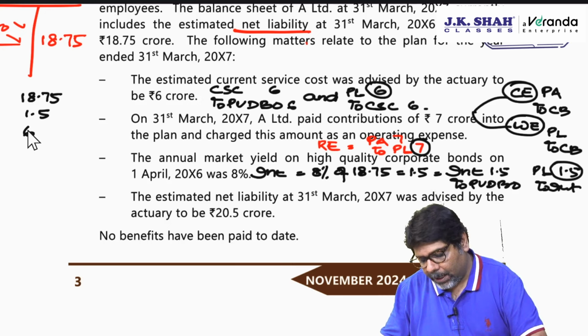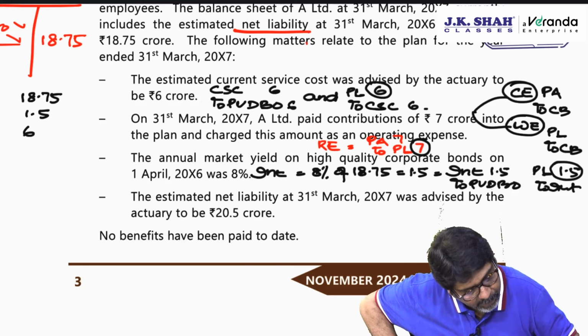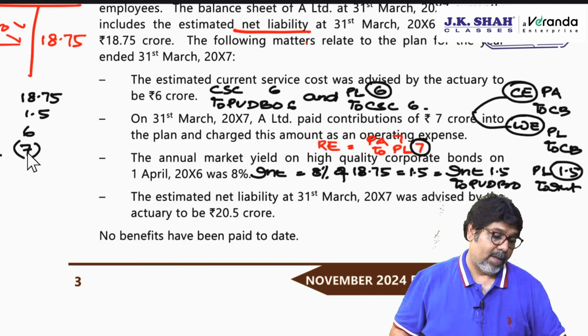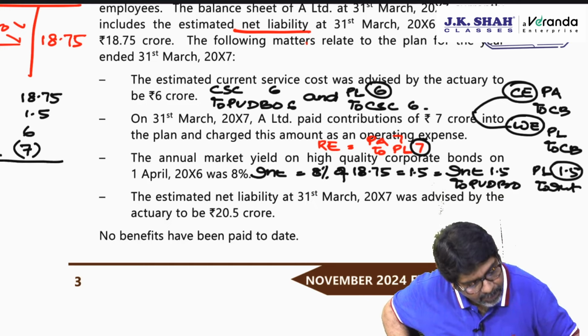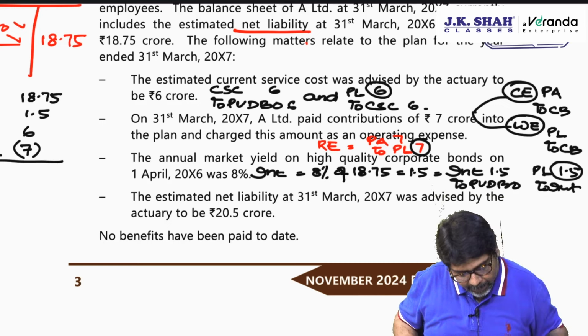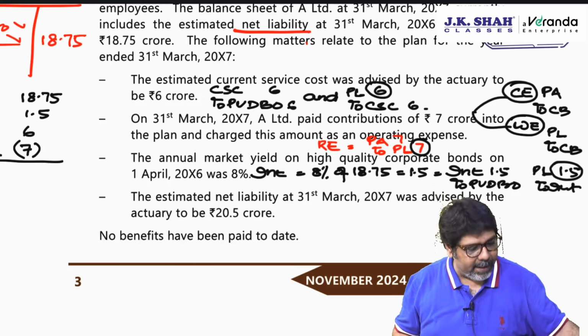So 18.75 plus 1.5 plus 6 minus contribution 7. Why did I subtract contribution? Contribution will increase plan assets. That means if assets increase, net liability will decrease.